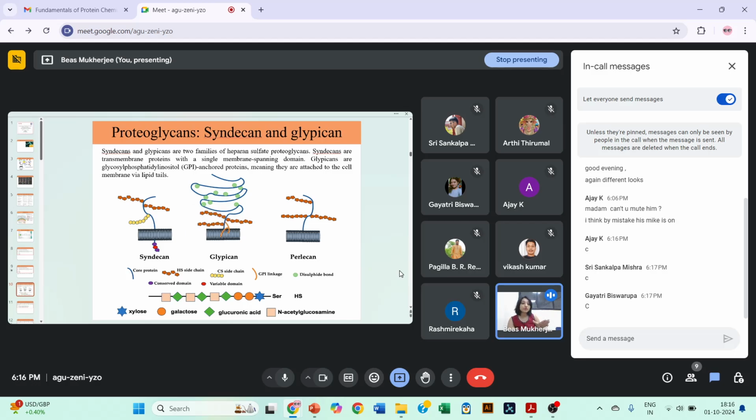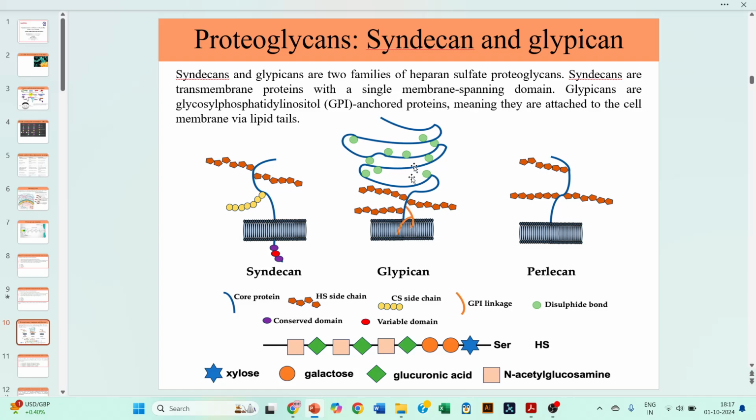Whereas glypicans are proteins that are attached to the glycosyl phosphatidylinositol, which is GPI. So they are anchored to GPI, meaning that they are attached to the cell membrane via lipid tails. Now you need to look at the structures. So this is how they are, and these are the different components that make up these different proteoglycans.